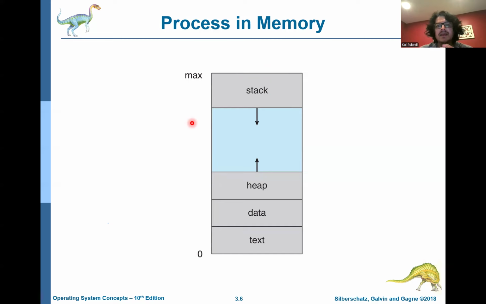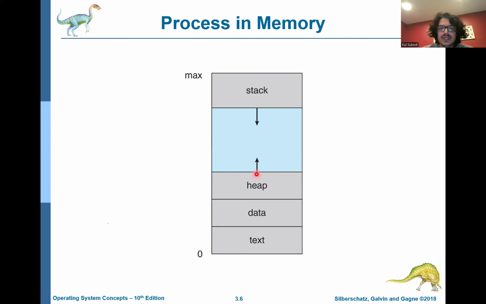Think about that. This memory contains text, which we know is the code section, and it needs data. Why do we need data? That's what a program is. It's going to take data from the user, such as loading some configuration files. Sometimes it may load data from the command line and whatnot. All right.